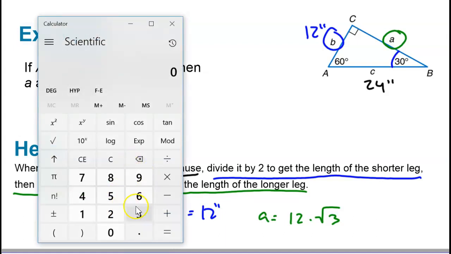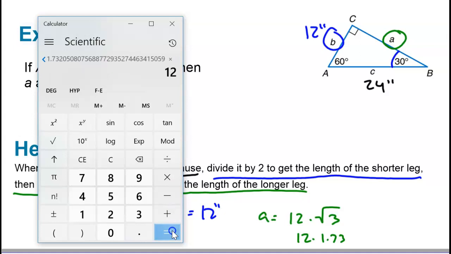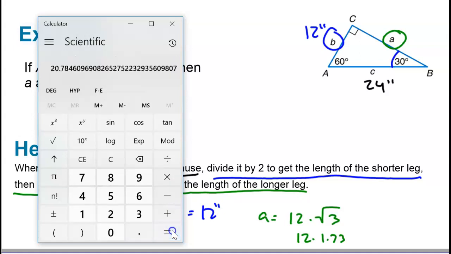And so we'll go ahead and get the square root of 3. And I would just have this written down on your page as 1.73. And so that's 12 times 1.73. That way you don't have to recalculate it every time.